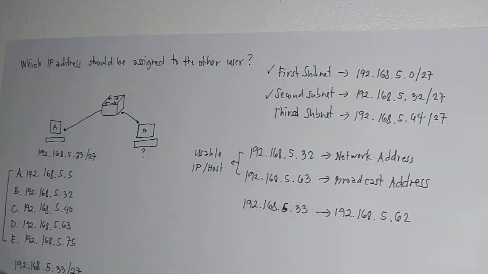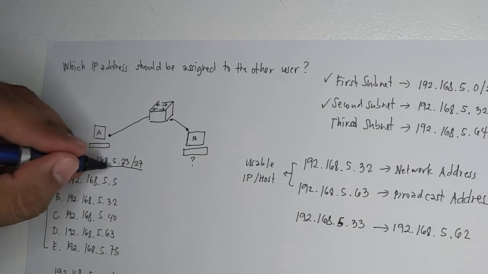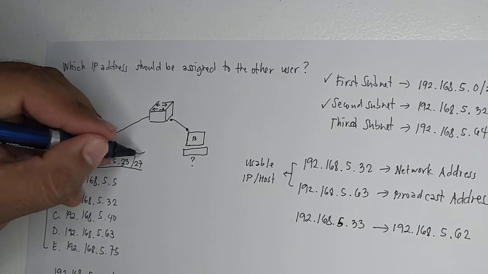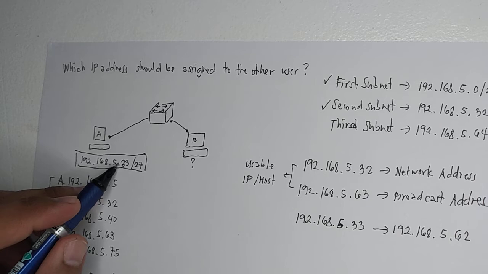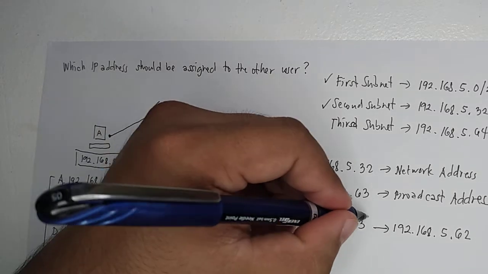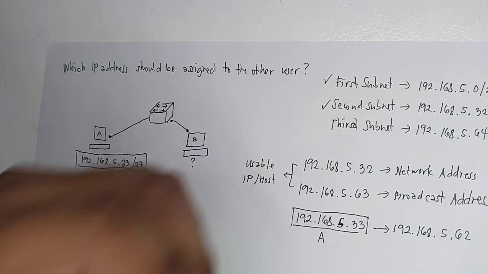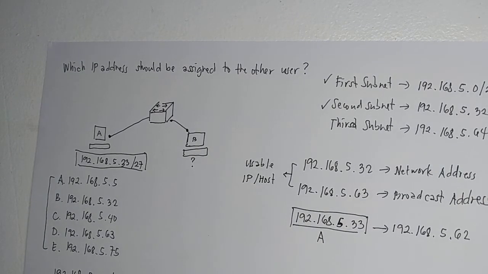Remember, our PC A actually belongs to this address, the 33/27. Is the 33 part of the usable IPs under the second subnet? Yes, this is the address given for our PC A.